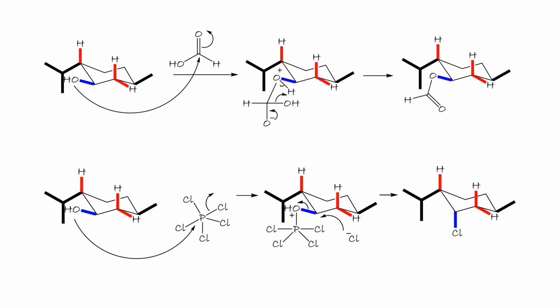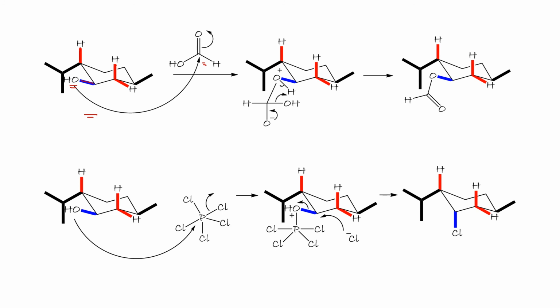In case of menthol, the hydrogens and OH are not anti-coplanar. So instead of an elimination reaction, alcohol and carboxylic acid together undergo what we call nucleophilic acyl substitution.